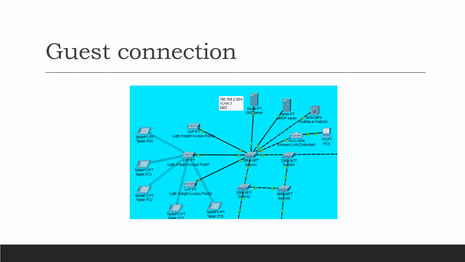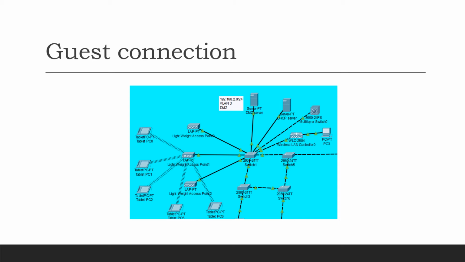The main switch one just goes with the DMZ server. This one goes with the ASA firewall. The DHCP server is from this guest connection, and the multiple switch is also.